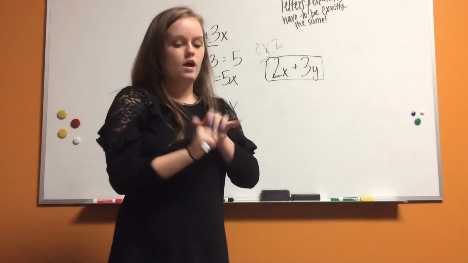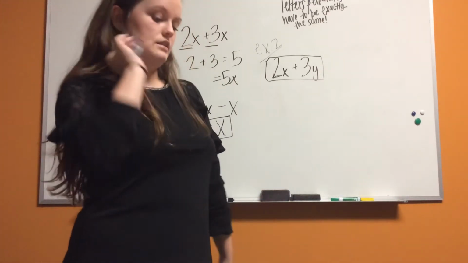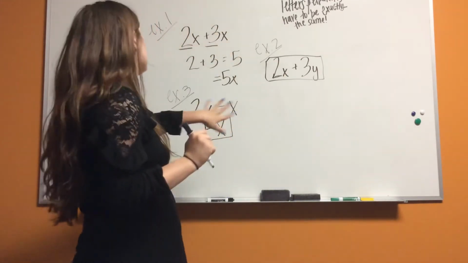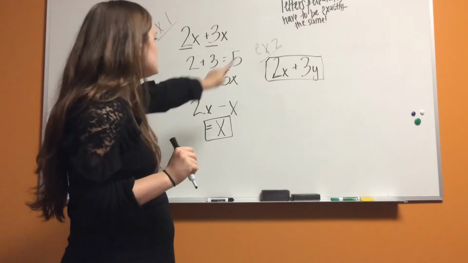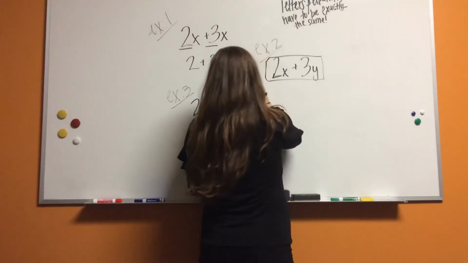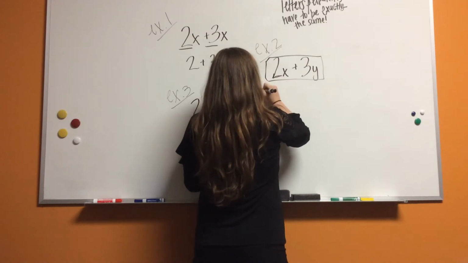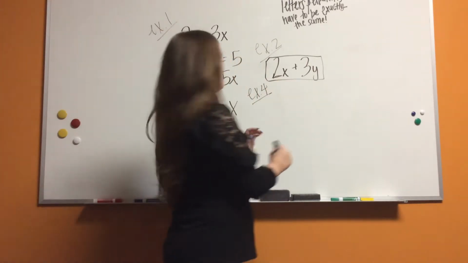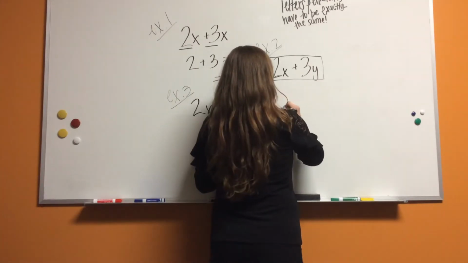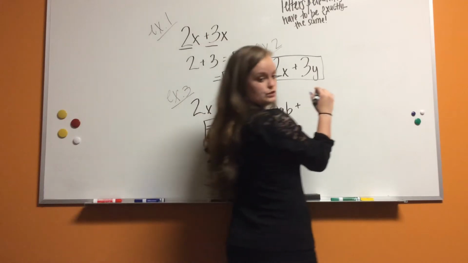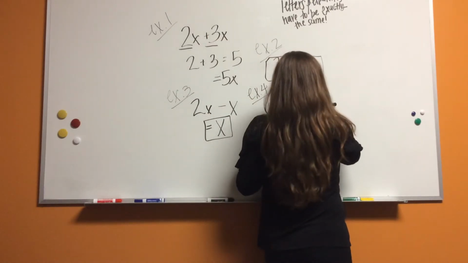Alright. So, and then there is different variables. It could be more than one here, different letters. It doesn't have to be x and y like we said earlier. So let's do one that's a little bit different here. Okay, let's see here. I got 3ab plus 2ac.